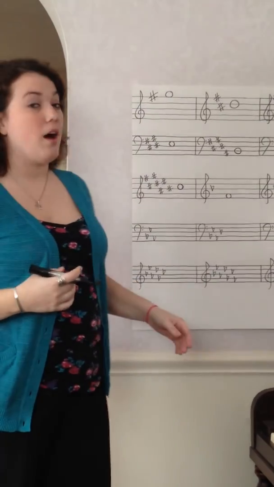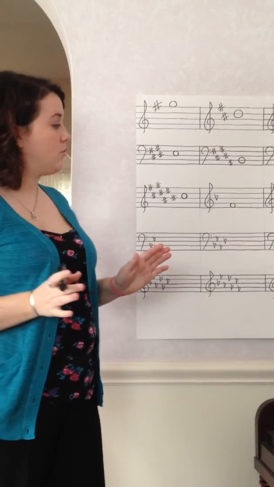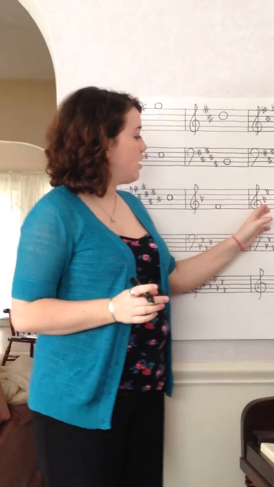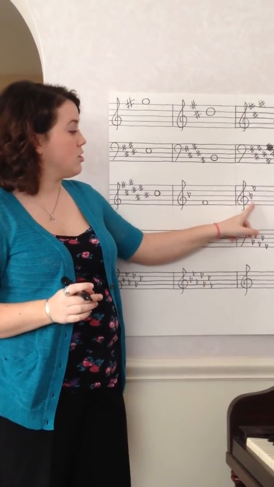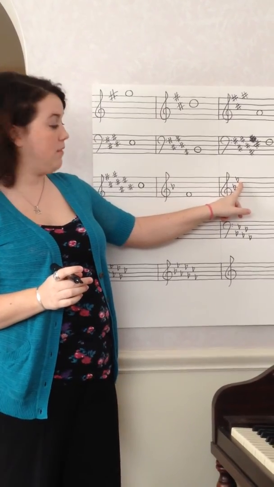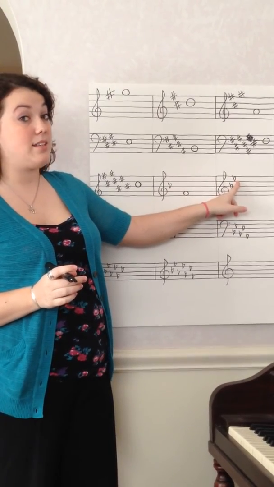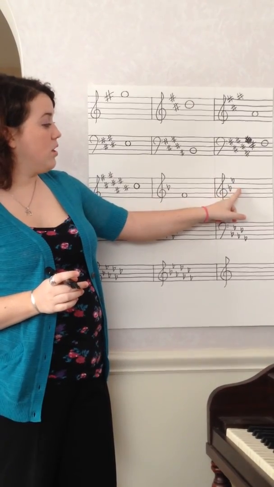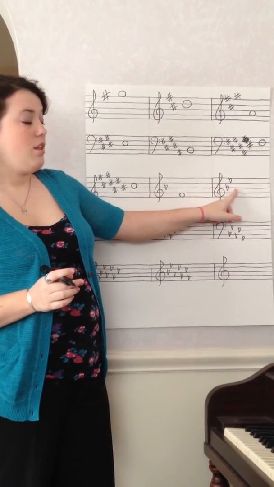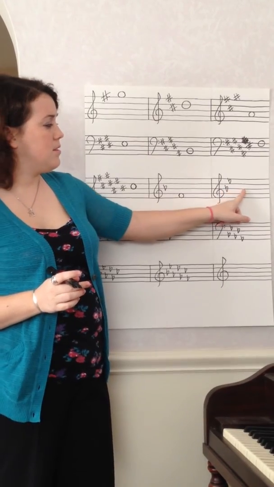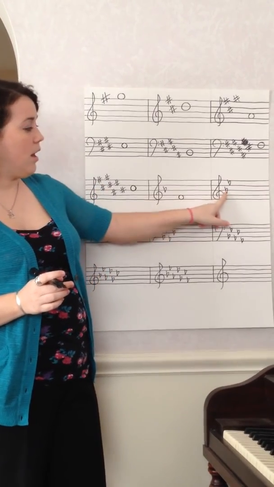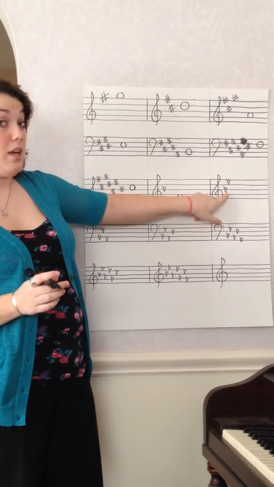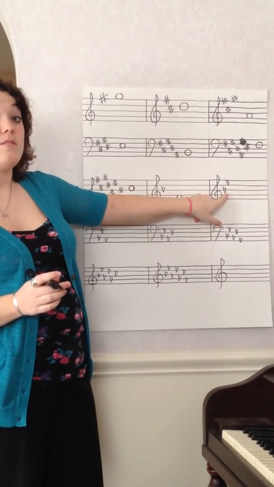Now, another handy trick for finding this, when we're looking at this key signature, we see that the last flat, okay, is E flat, and that is fa. Now, counting down, we notice this is our do line, and look at that, it's B, but the B is flattened.